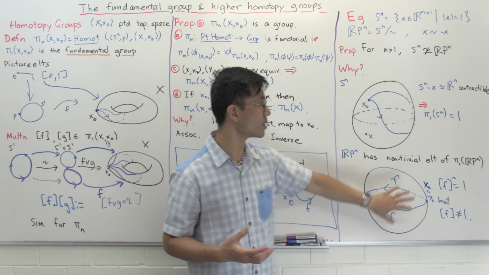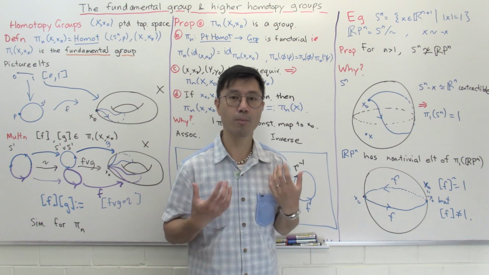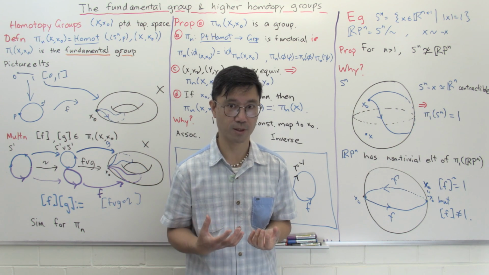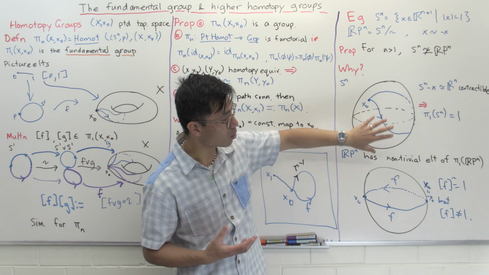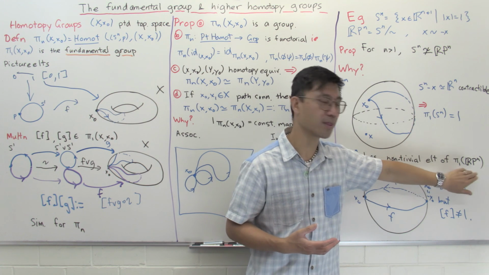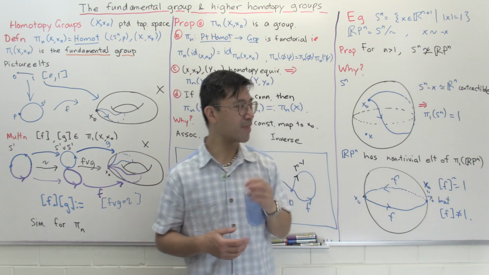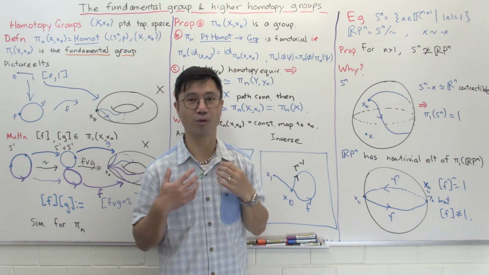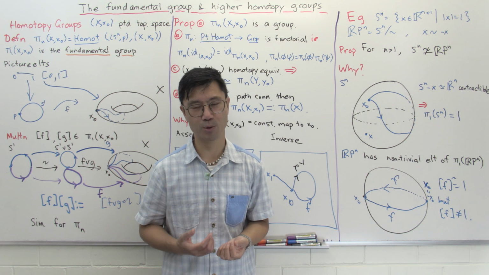And since this is not isomorphic to the fundamental group of Sn, these are not homeomorphic or even homotopy equivalent. Furthermore, if you can calculate any other topological space and its fundamental group, and it's not Z mod 2Z, then it's not homeomorphic to this RPn. That's a very typical usage for the fundamental group. I hope you enjoyed this adventure in pure mathematics.